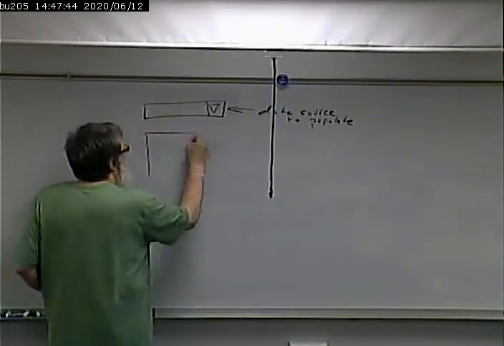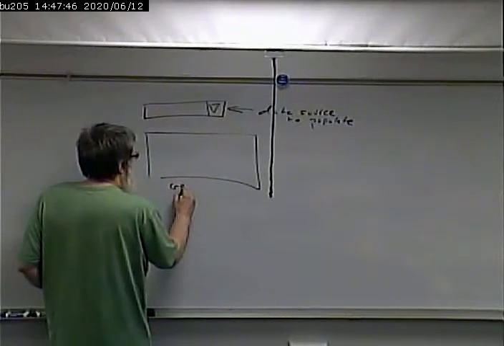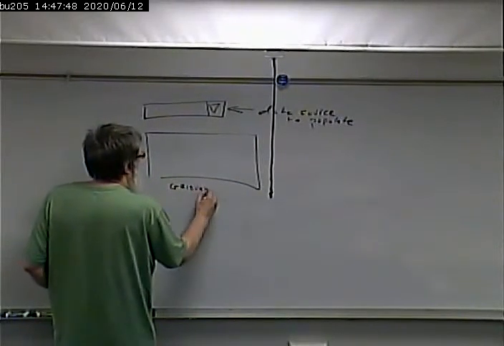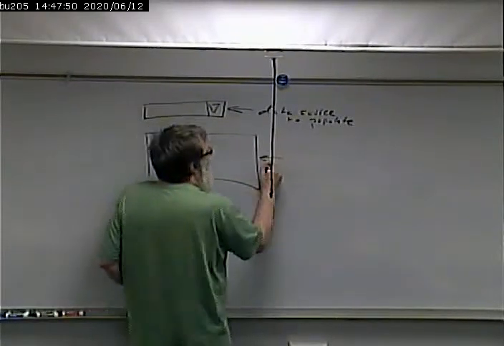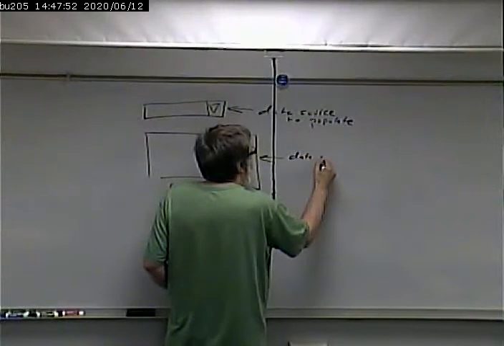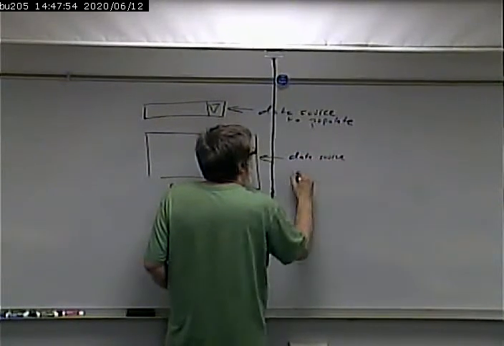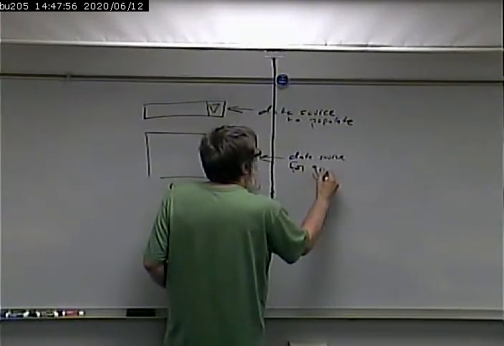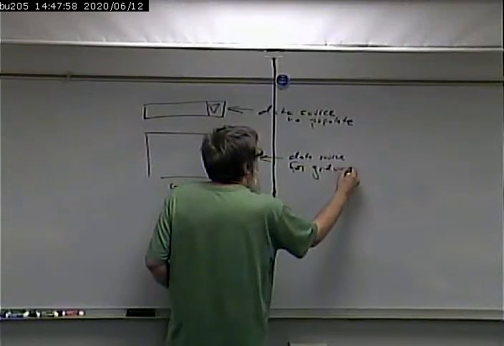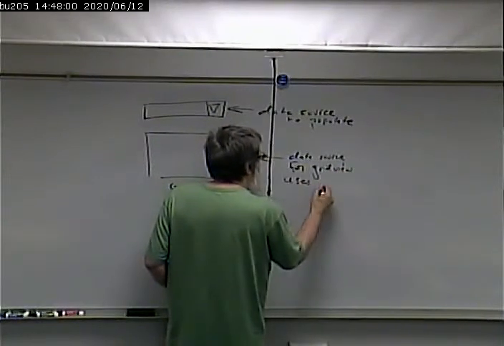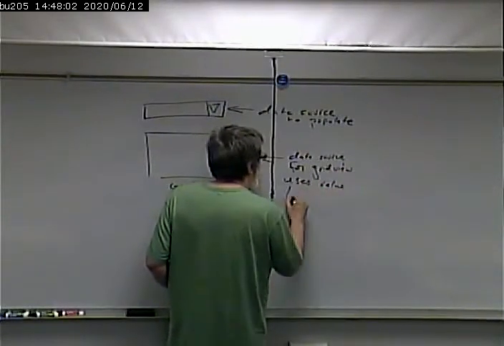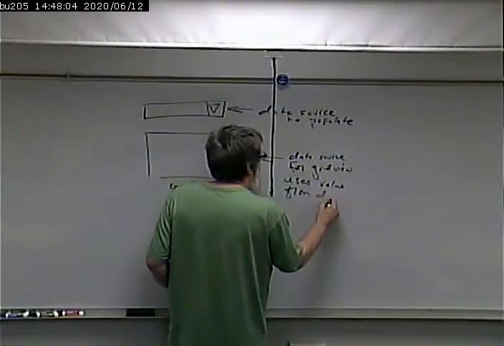We are then going to have a grid view. And we're going to have a data source for the grid view that uses the value from the drop-down.